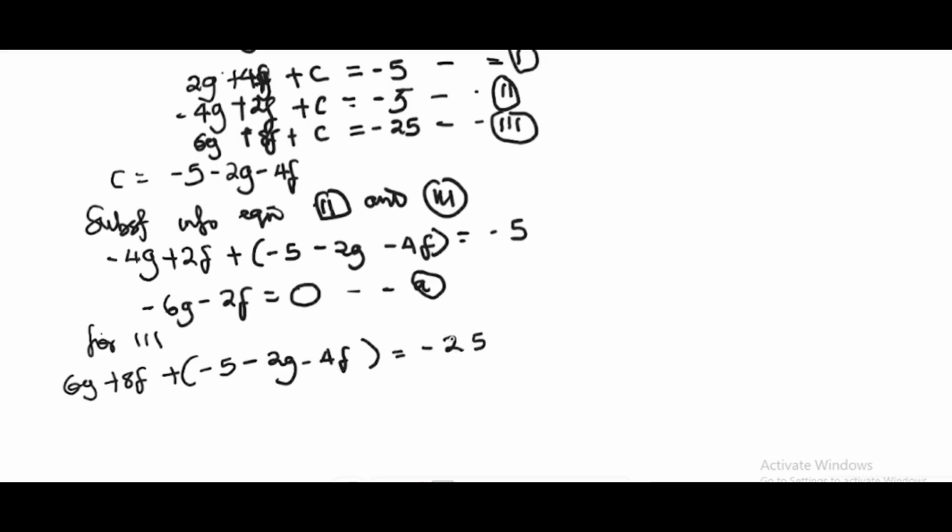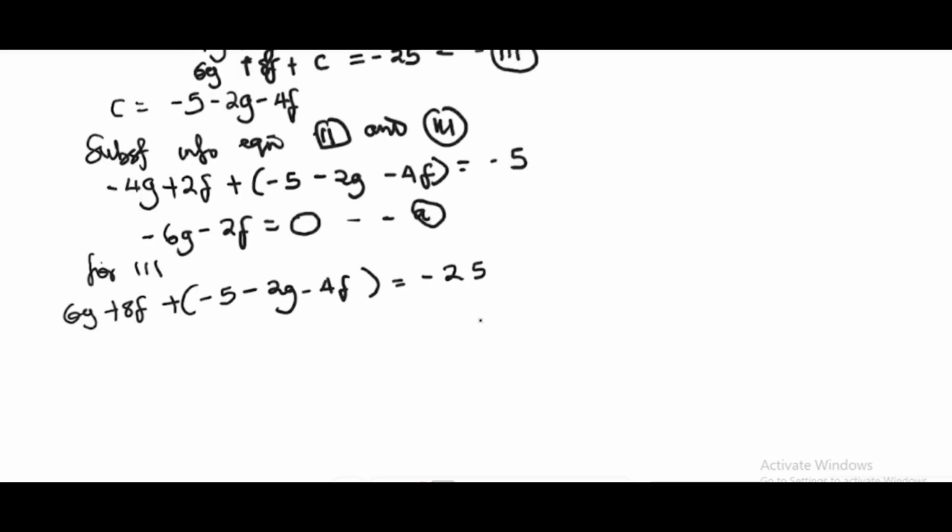So we collect like terms and then we'll call it B. Why I'm giving it a name is so that we'll know the equations we'll be solving for G and F. So now 6g minus 2g will give us 4g. 8f minus 4f will give us 4f. Right? So on the other side, we have minus 25 already. So if you take minus 5 over, it becomes plus. So here we are left with 20. So we call this equation B.